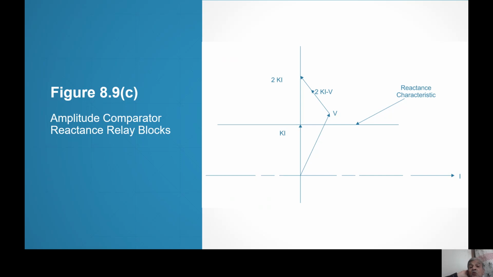So where you need the reactance relay, where the application calls for a reactance relay, you have to feed 2Ki minus V and V. Now, obviously, you would think, how to feed these quantities. Ki is available from CT secondary. V is available, that is known. But to sum them, Ki plus V or Ki minus V, not at all difficult. An operational amplifier can be used as a summator and subtractor.